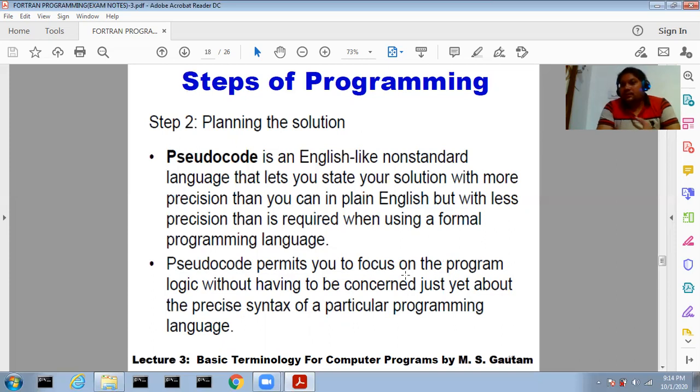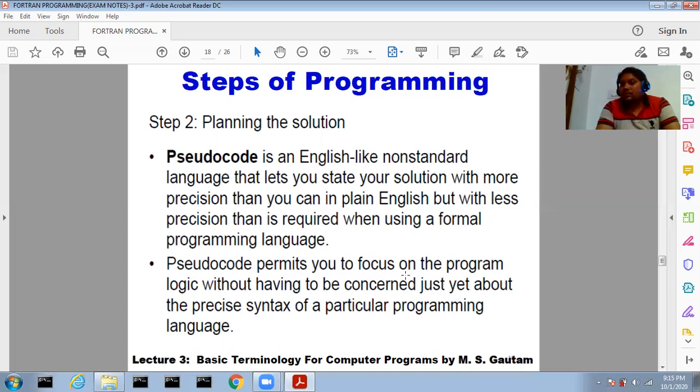This pseudo language depends upon the user of the program. Pseudocode permits us to focus on the program logic without having to be concerned just yet about the precise syntax of a particular programming language.